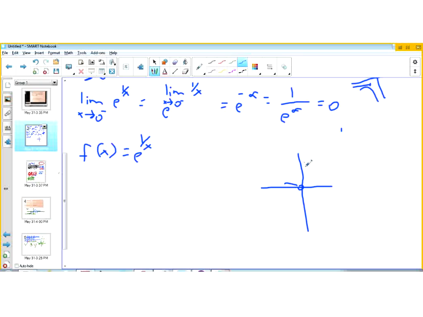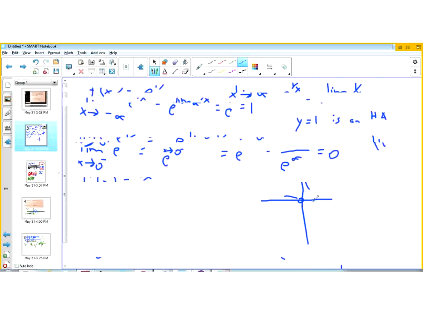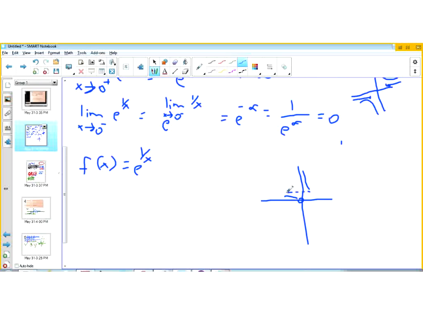Now, e to the 1 over x is always above the x-axis, and then we need a horizontal asymptote at y equals 1. So here's y equals 1, and it's got to be asymptotic like this. So just for asymptotes alone and using limits, we have something like that.